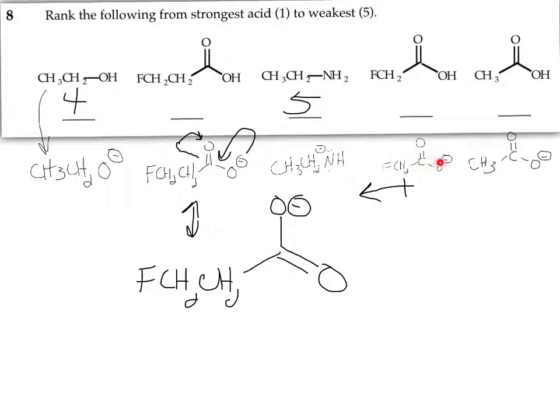That dipole causes an inductive effect that pulls electrons toward the fluorine. That stabilizes this negative charge. Both of these have that, and this does not. So this is not stabilized by what we call the inductive effect of the fluorine. So this is our next strongest base and comes therefore from the next weakest acid.